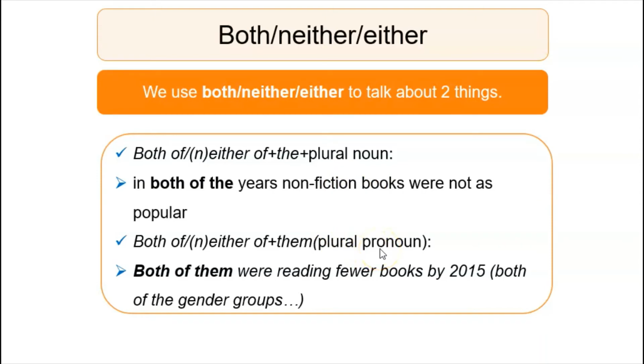For example, both of them were reading fewer books by 2015. In this case, them refers to gender groups. So it's the same as saying both of the gender groups were reading fewer books by 2015.